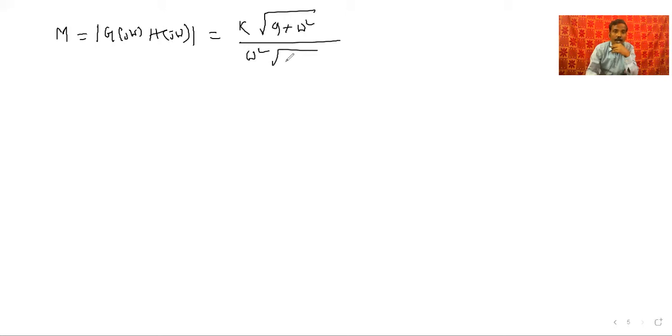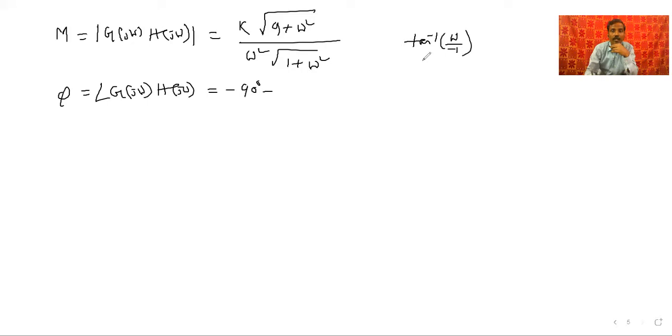M equals K into root over (1 plus omega square) divided by omega root over (1 plus omega square), and phi equals minus 90 degree minus, for tan inverse omega by -1, pi minus tan inverse omega, plus tan inverse omega by 3.